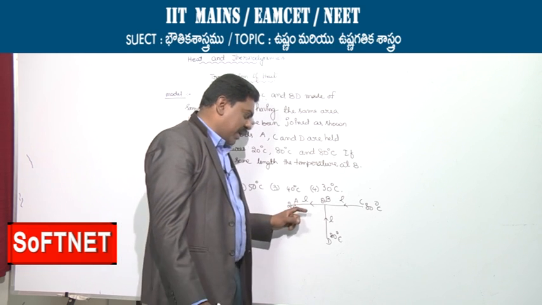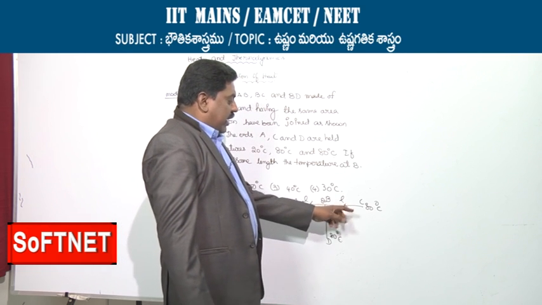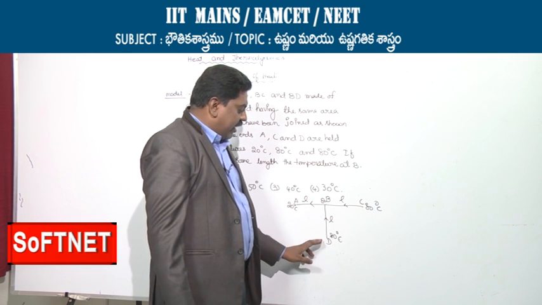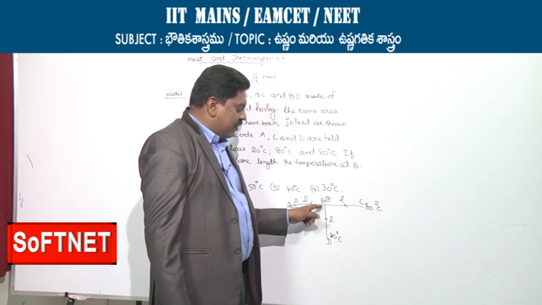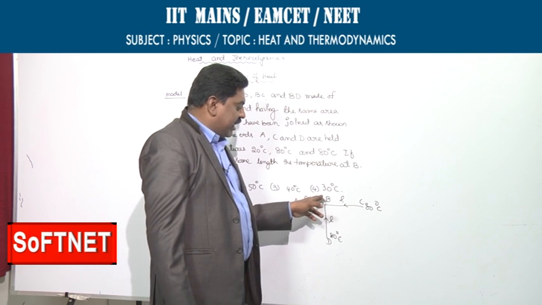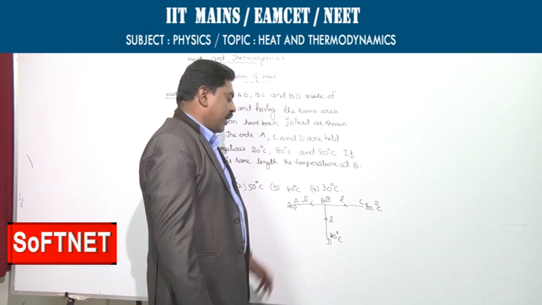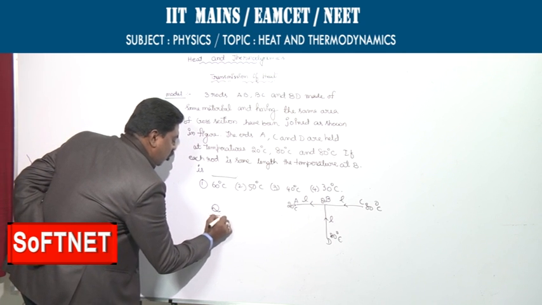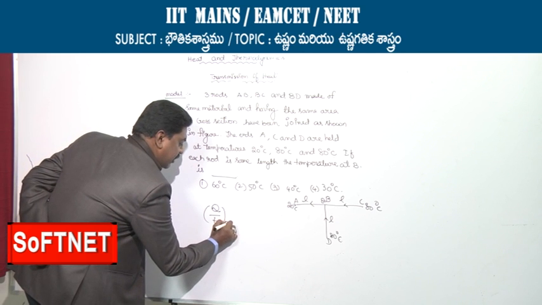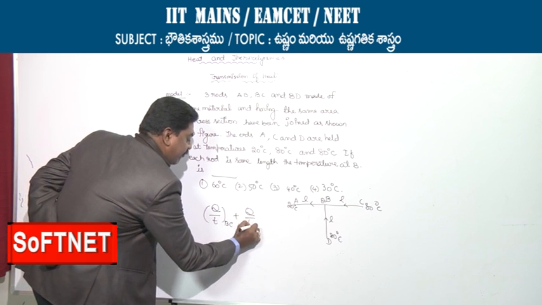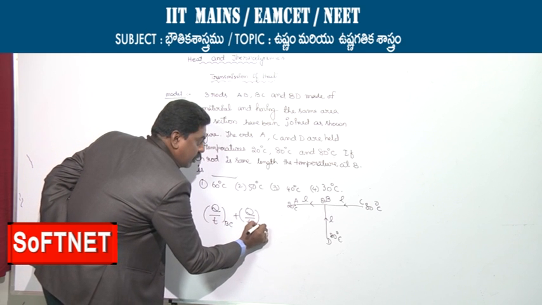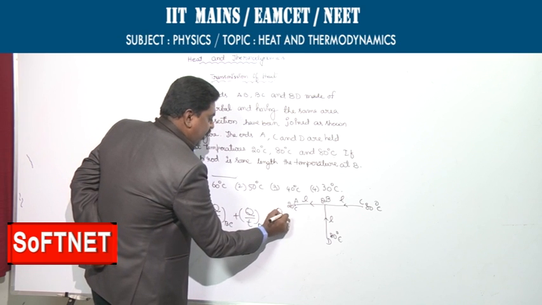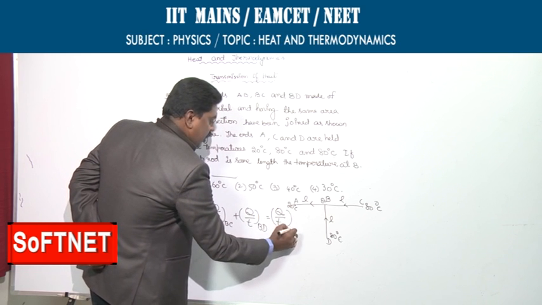Here also we have the rate of heat flow from C to B and from D to B, and then from there the rate of heat flow from B to A. So the rate of heat flow Q by T of BC plus that of BD is equal to that of AB.